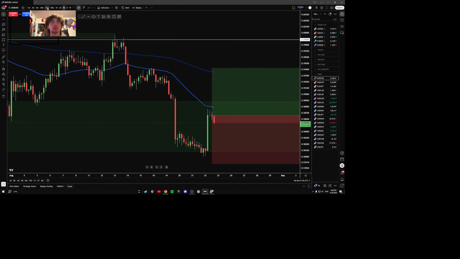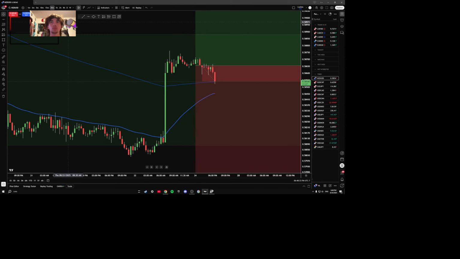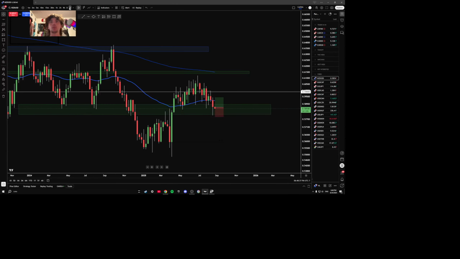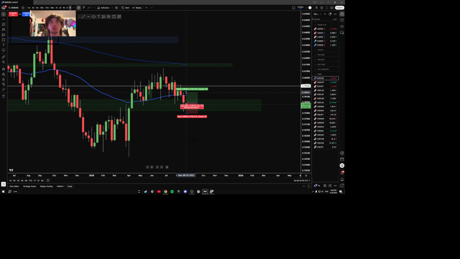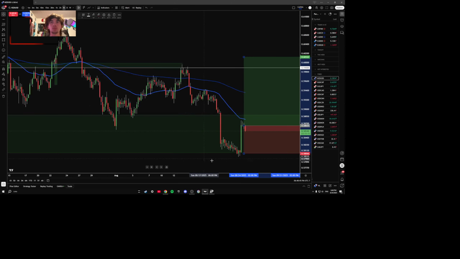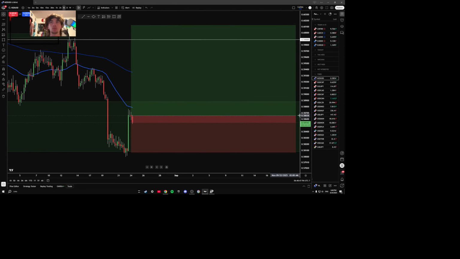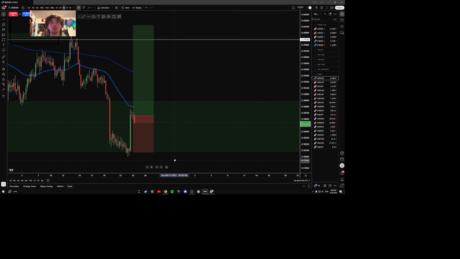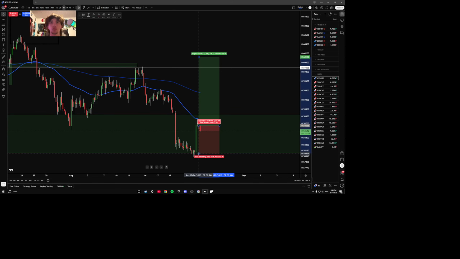Everything else shifted. It did shift down though. That's why it's a weak trade. Weekly trade. It's at 58.